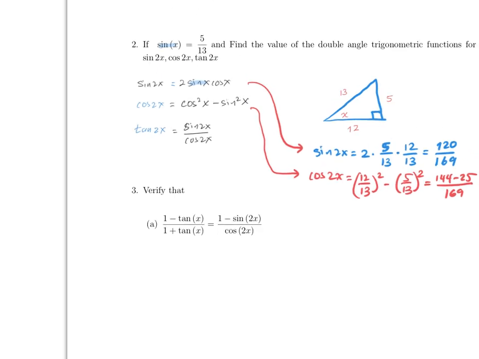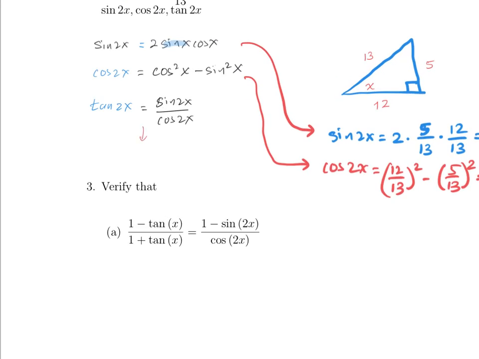So then finally for tangent, sine of 2x we found to be 120 over 169, and cosine was 119 over 169, and 169 cancels, so this is 120 over 119, and that's it.